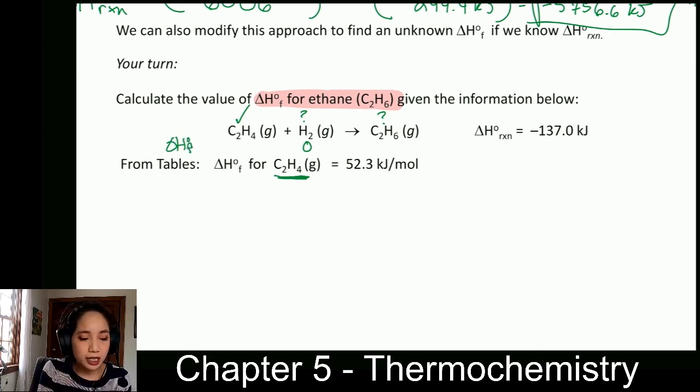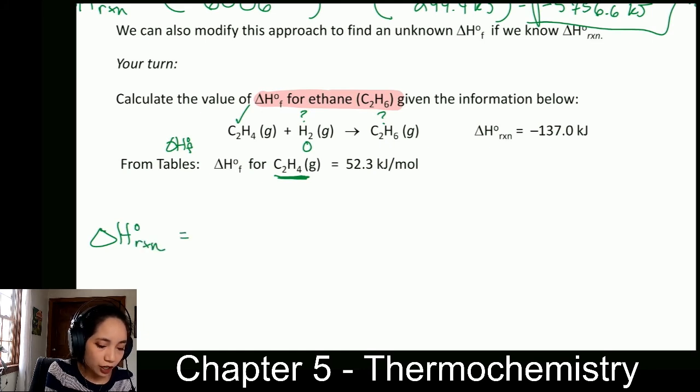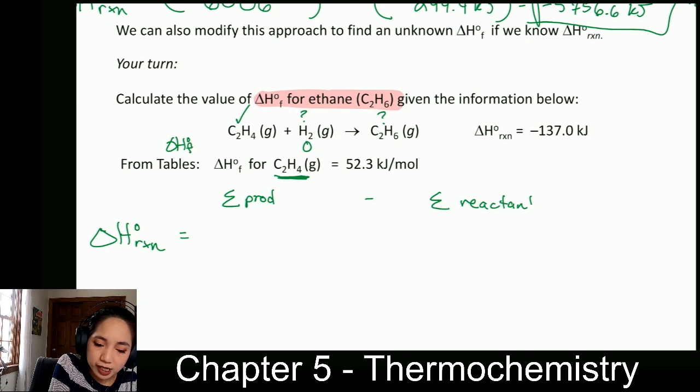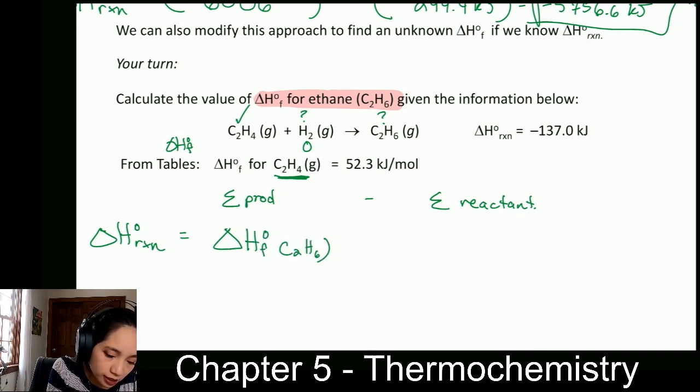So if we put together the delta H in its standard state for this reaction, sum of products minus sum of reactants, without any numbers, first off, our product is delta H of formation of C2H6, and there's only one of them, so there's just a 1 coefficient in front, minus sum of the reactants.